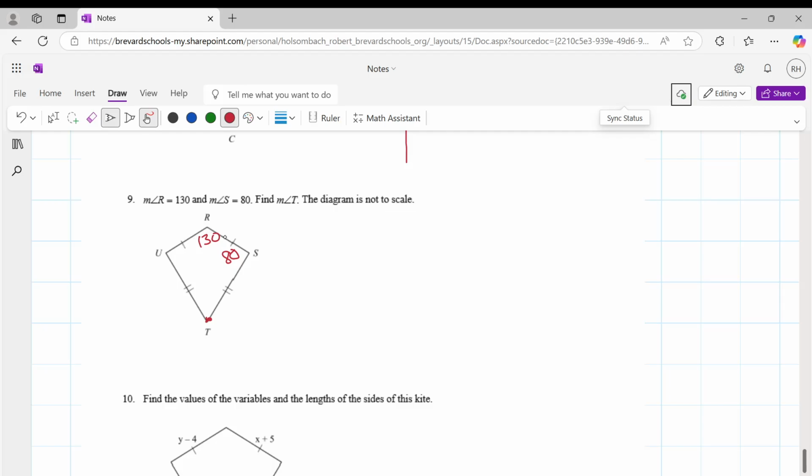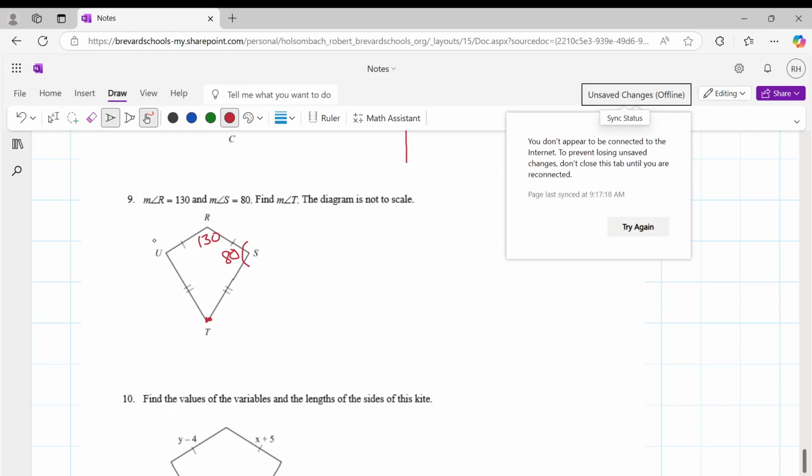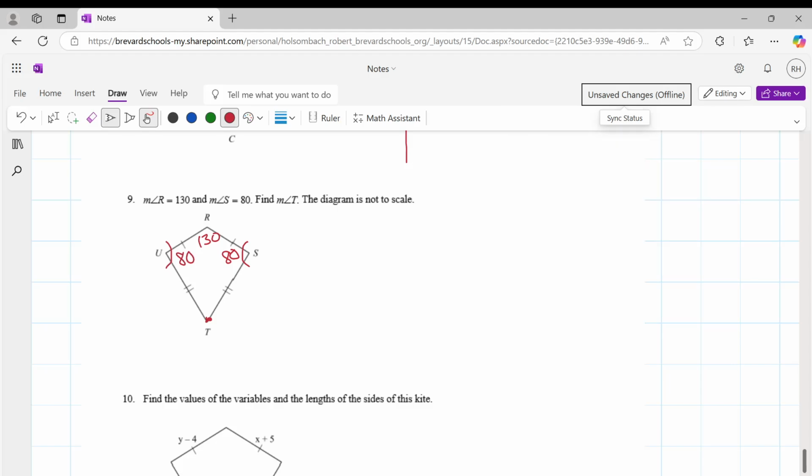All right, so we got two pairs of congruent sides. So our shape is a kite. We said yesterday that the angles formed by the non-congruent sides in a kite are congruent. So angle U over here is equal to 80 degrees.